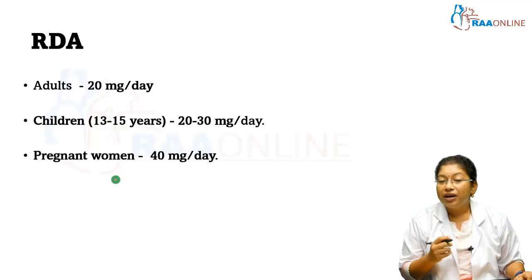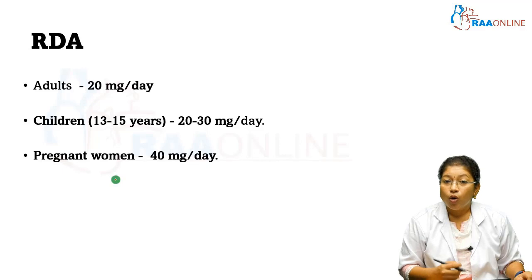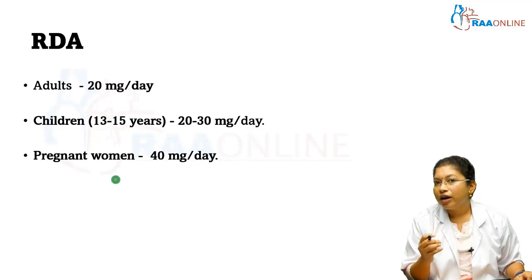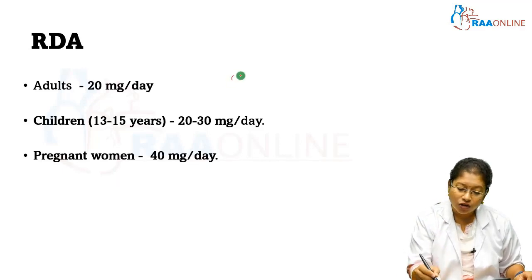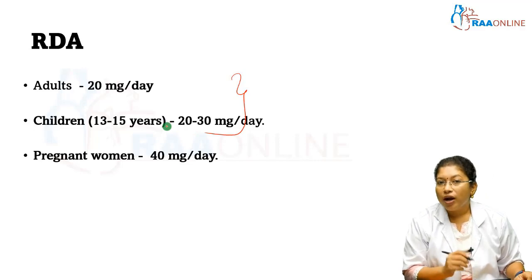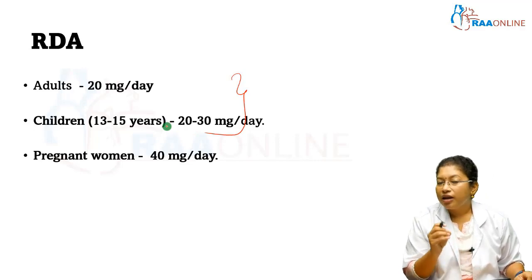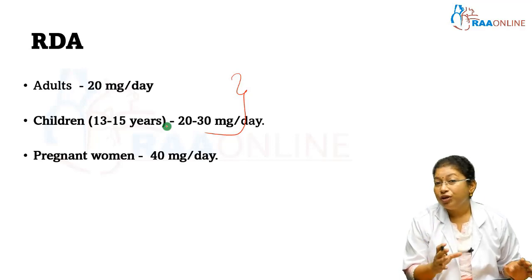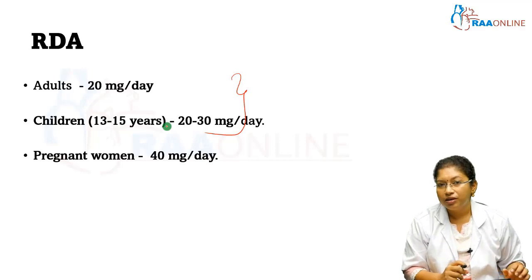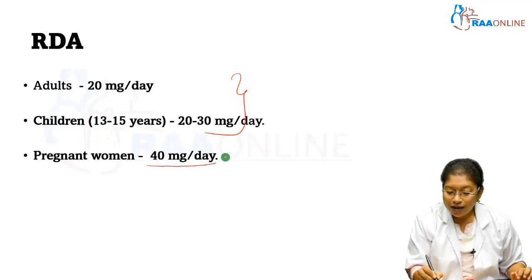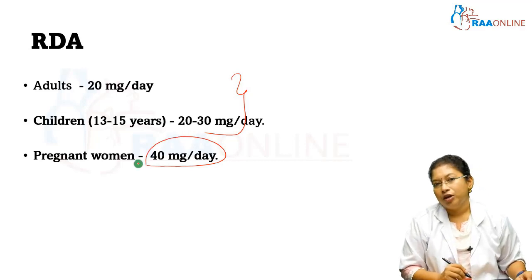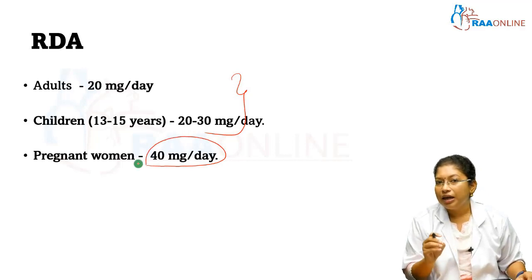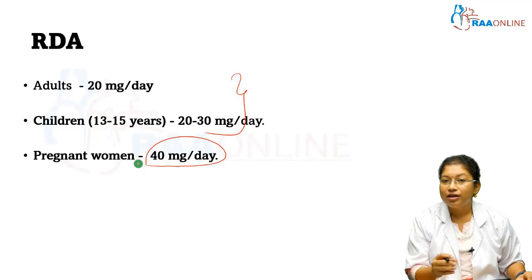But pregnant women need even more iron than these two groups, adults and children. Why? Because iron and calcium have to move from the mother to the fetus, mostly during the last trimester of pregnancy. So they need up to 40 milligram per day. So these are the recommended daily allowances for various age groups.